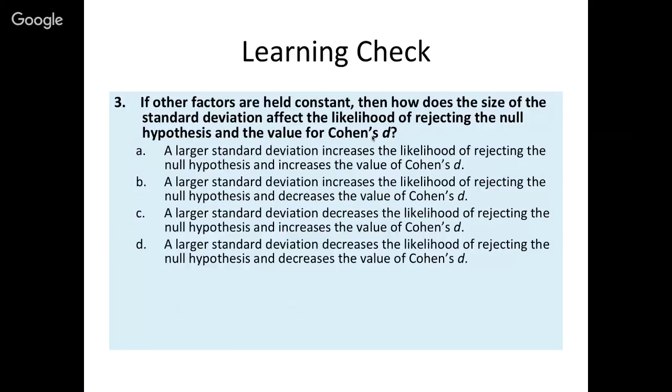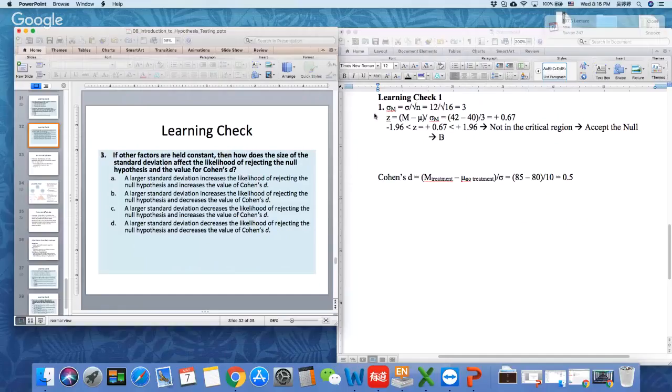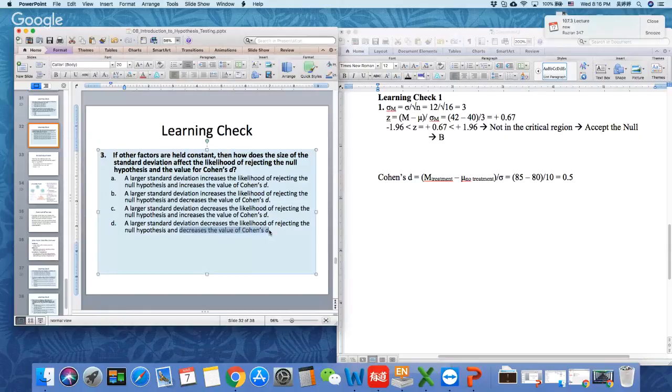We just said higher standard deviation means higher variability, which will decrease the likelihood of rejecting the null. And based on this equation, higher variability means a larger sigma, which will produce a smaller Cohen's d. A smaller Cohen's d means a smaller effect, so it will decrease the value.